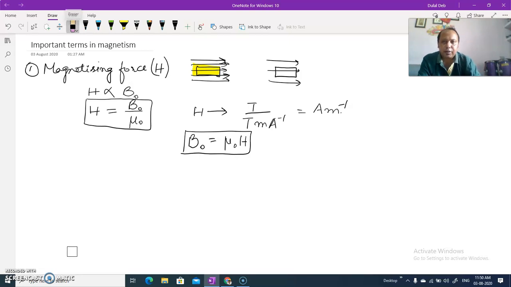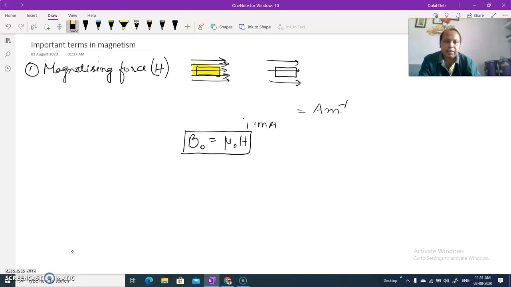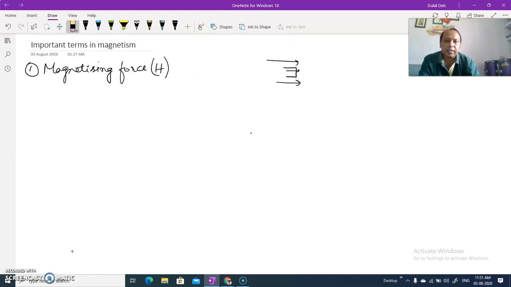Now the second point that we are going to discuss here is intensity of magnetization.